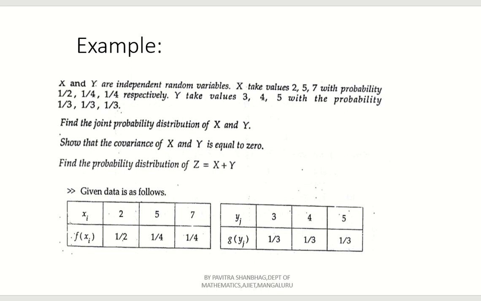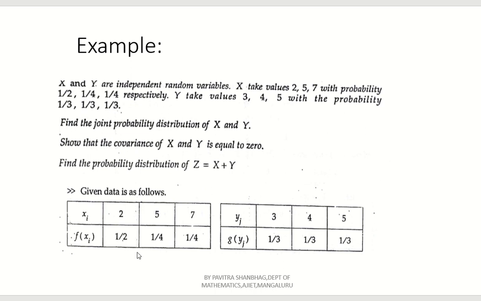Okay, now here we have to write the given data in the form of the marginal distribution. What is the marginal distribution for this? X represents 2, 5, 7. Write in the x row. And what are the f(x) values? 1 by 2, 1 by 4, 1 by 4, right? Similarly, yj is 3, 4, 5, and what is g(yj)? That is 1 by 3, 1 by 3, 1 by 3.